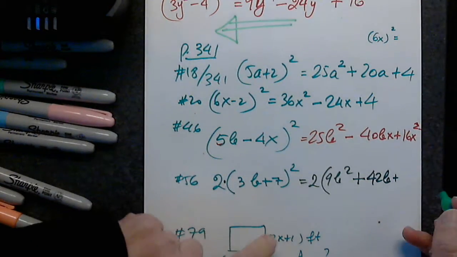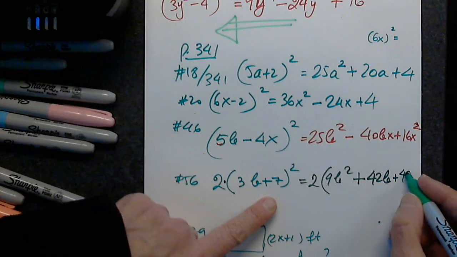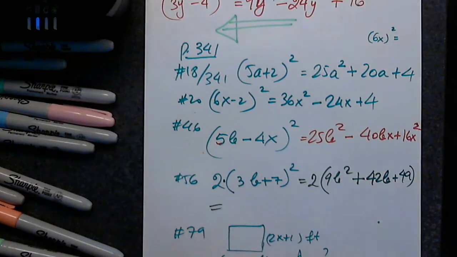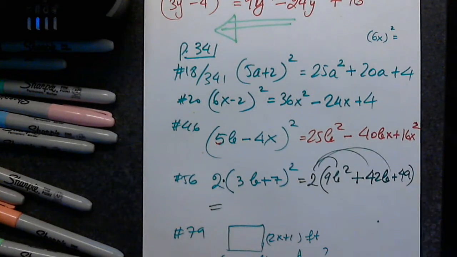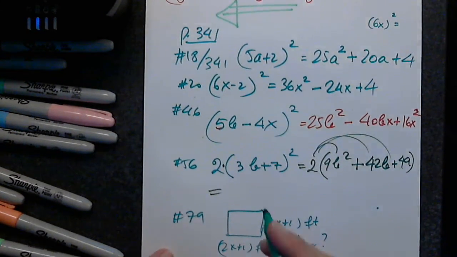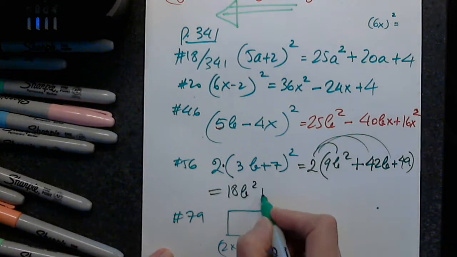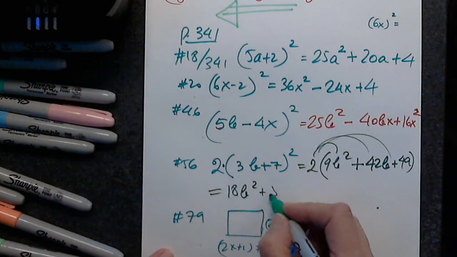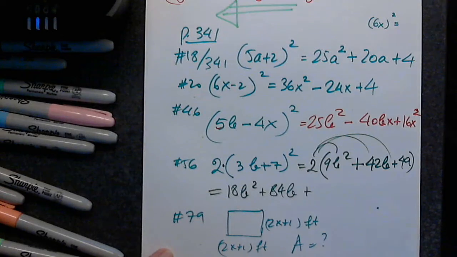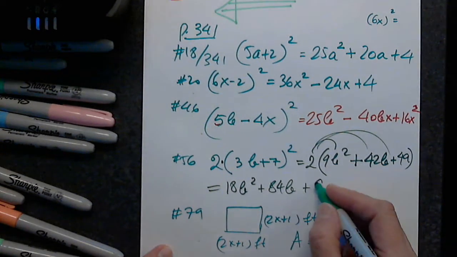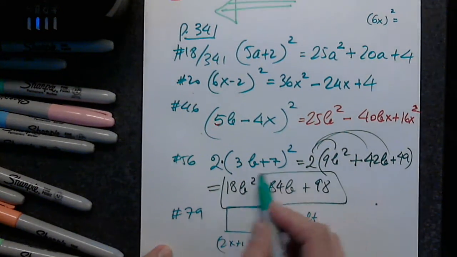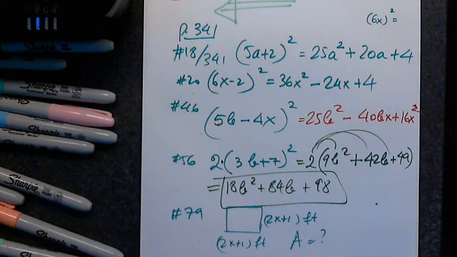Very good. Plus, that's it. Now, I can distribute 2. So 18b squared plus 84b plus 98. This is it. So please pay attention. We have to square first.